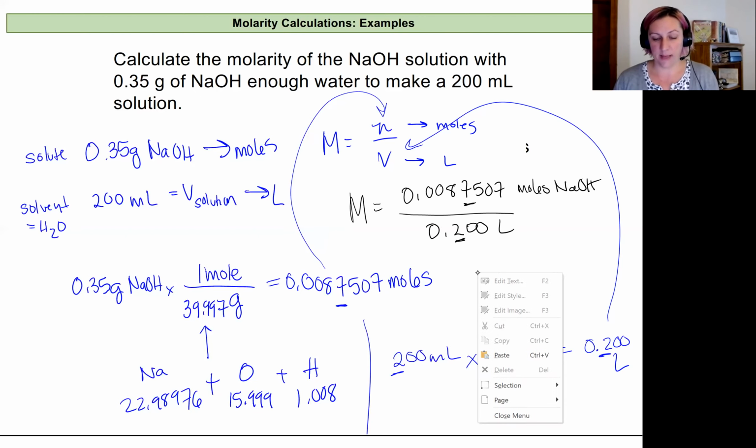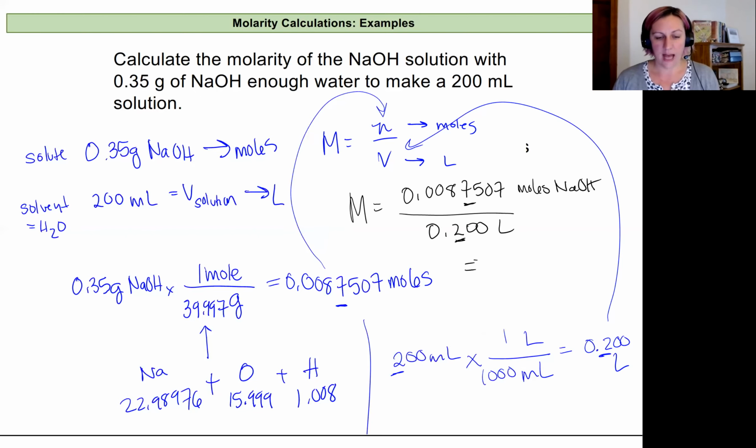I plug that into my calculator, and I'm going to get a value that is 0.0437535 molar. And comparing my significant figures, the least is the one significant figure in my volume. So I have one significant figure since I'm doing a division problem. I'll use least significant figures. So my concentration for this sodium hydroxide solution is 0.04 molar.